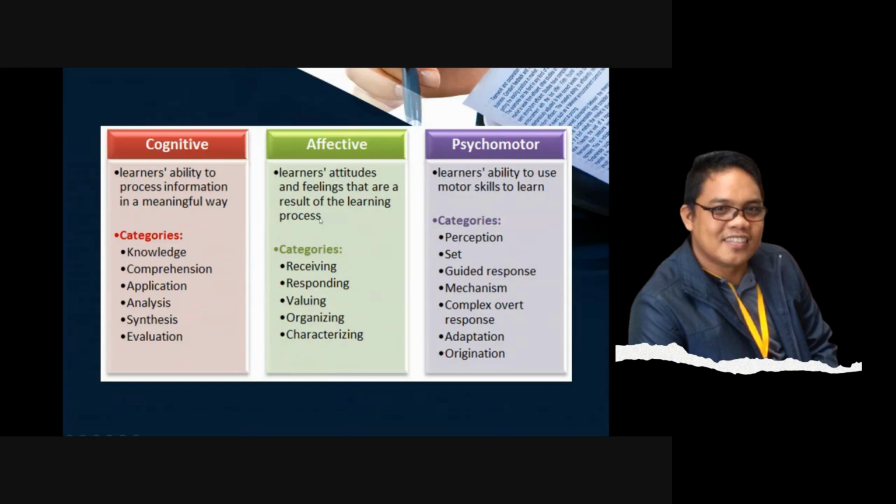However, mas maganda if you have cognitive, affective, and psychomotor to make your lesson plan, your teaching learning process, your daily lesson preparation much more effective and efficient. Okay? So, not necessarily, but it is much more effective and efficient.